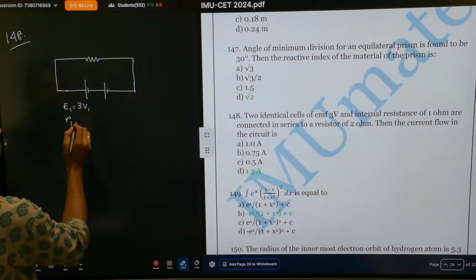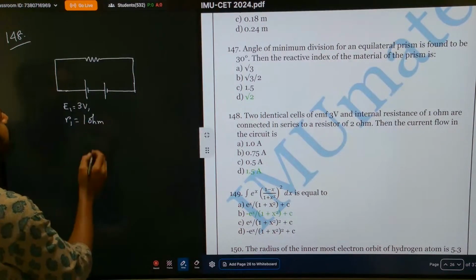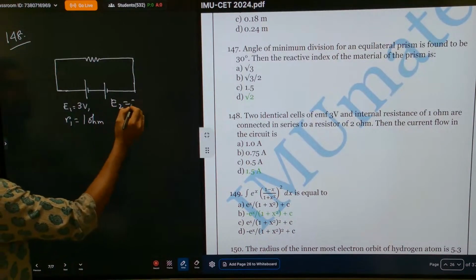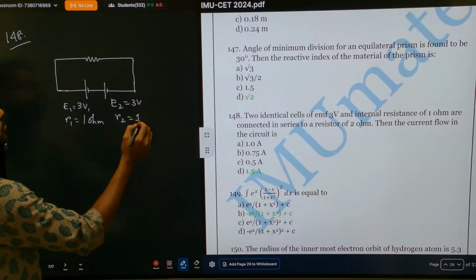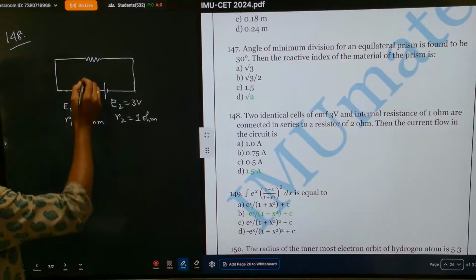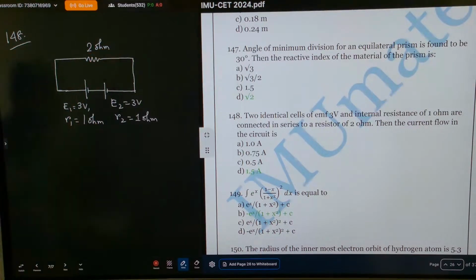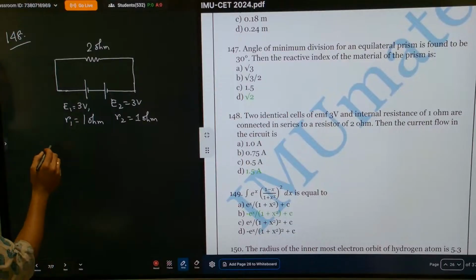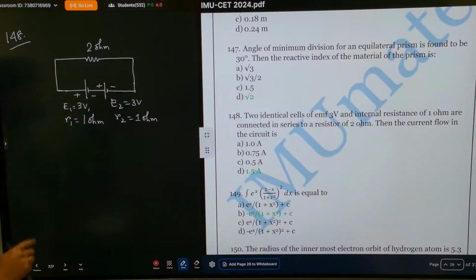What is the internal resistance? 1 ohm. This also has the same EMF. R2 is also 1. What is the external resistance value? 2 ohm. See, these two cells are connected one after another.